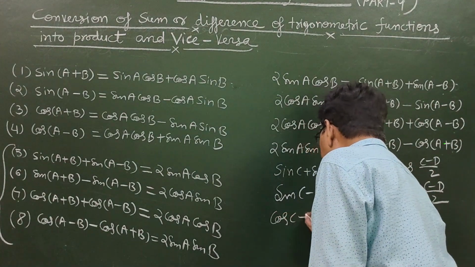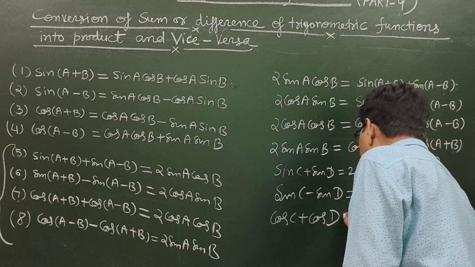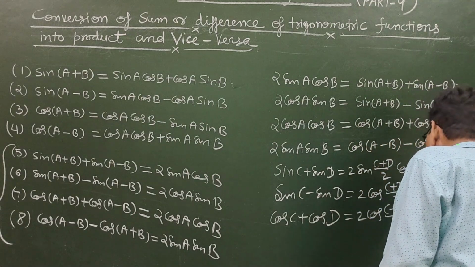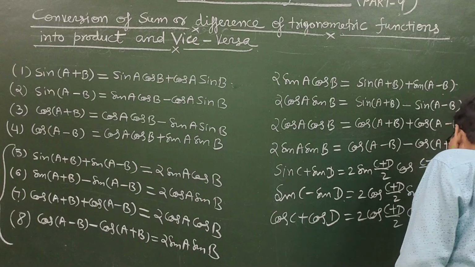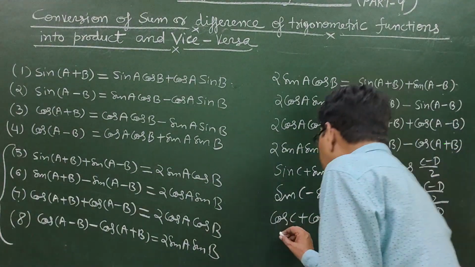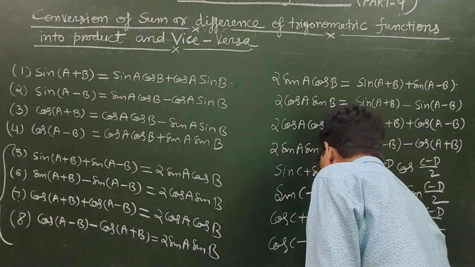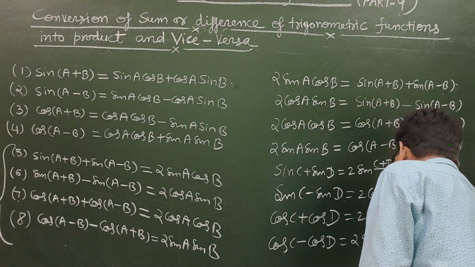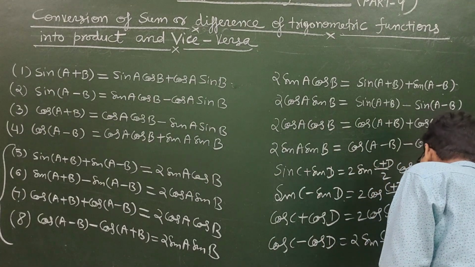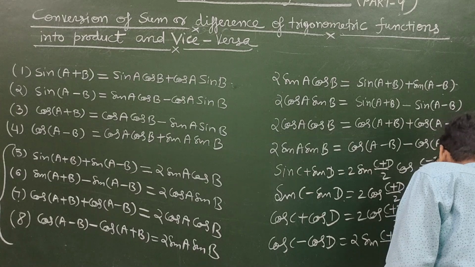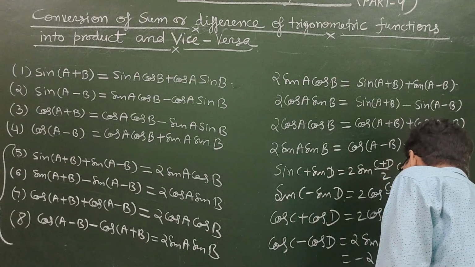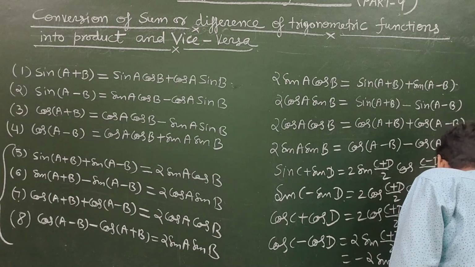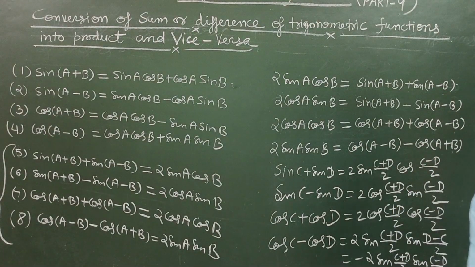Cos C plus cos D is equal to 2 cos (C plus D) upon 2 cos (C minus D) upon 2. And cos C minus cos D is equal to 2 sin (C plus D) upon 2 sin (D minus C) upon 2, or minus 2 sin (C plus D) upon 2 sin (C minus D) upon 2.